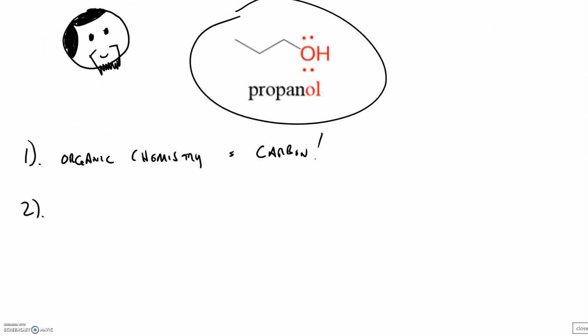And because organic chemistry deals primarily with carbon, it assumes that all molecules contain carbon. That means there's no reason to write out carbon because that's what all these molecules are made of.